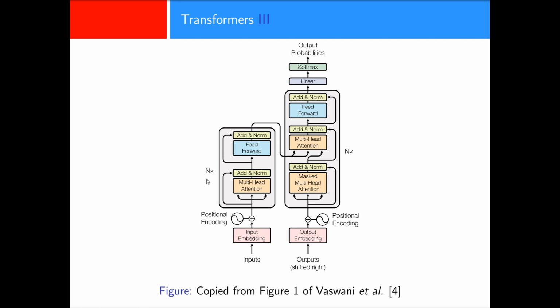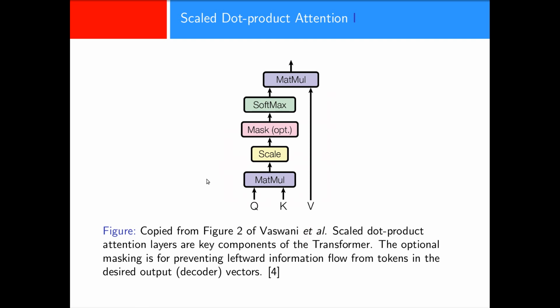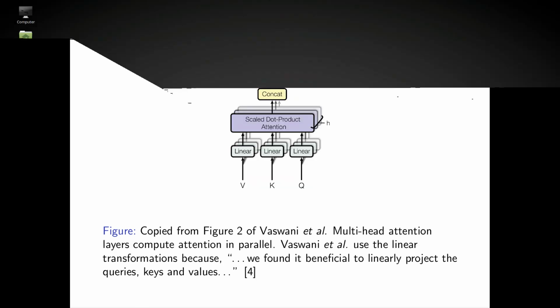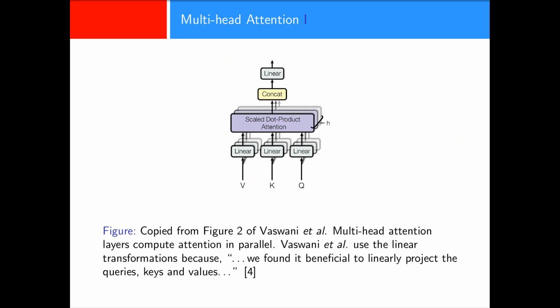That's another component. So very important in the transformer architecture, we have this scaled dot product attention operation, and this is just a schematic of how it works. We copied it from the paper on transformers. And then what the transformer architecture does is it packs vectors into matrices and does lots of these scaled dot product attention operations in parallel.